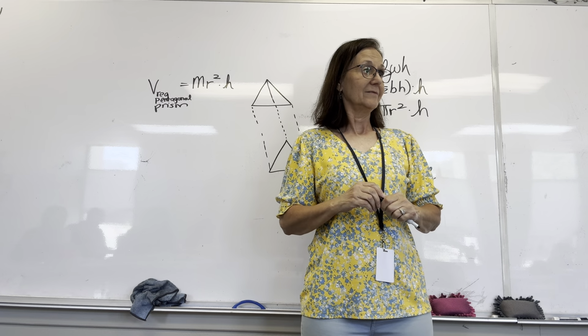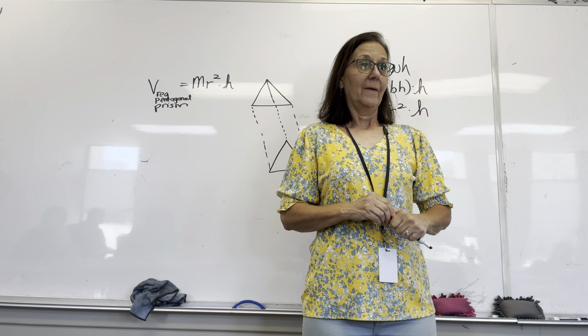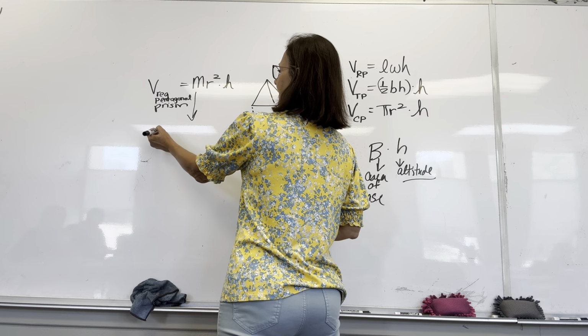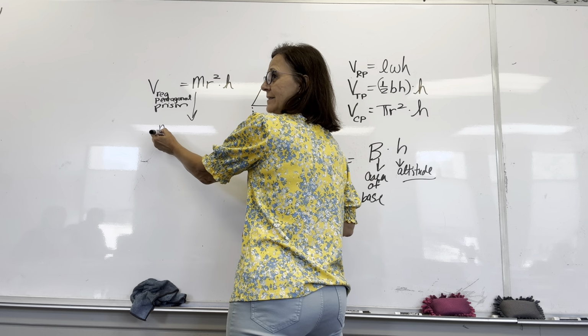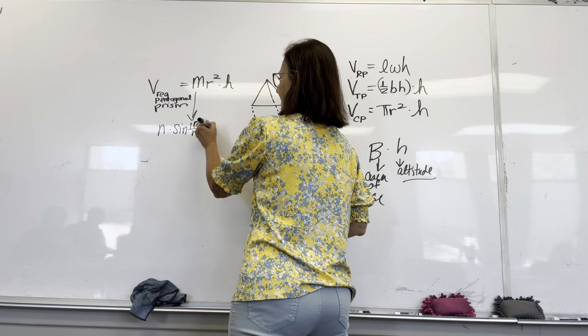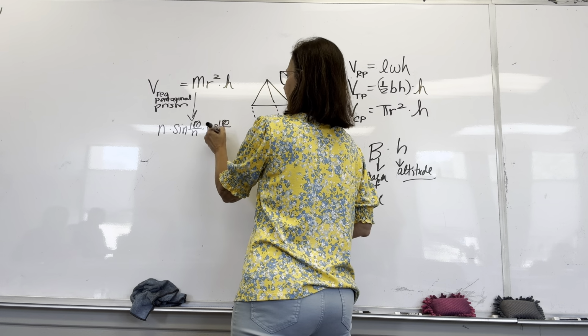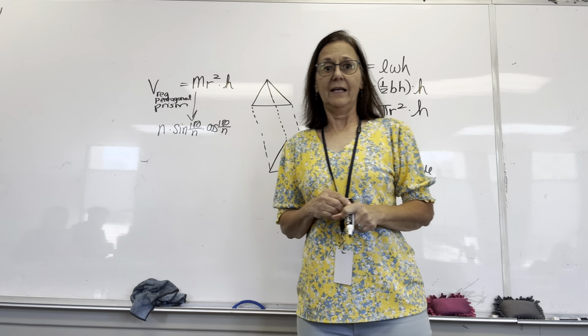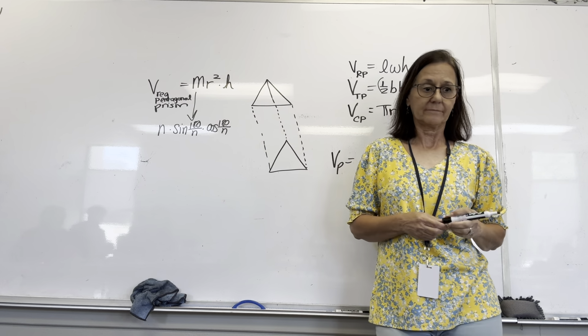The area is the number of sides times sine of 180 over n times cosine of 180 over n times whatever the radius squared is, times the height.